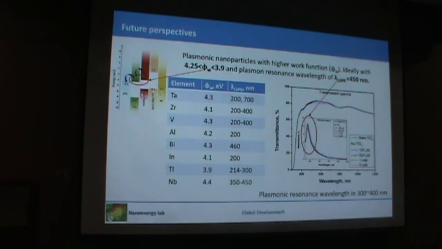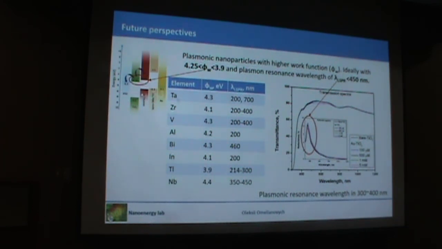And additionally, the adjustment of the wavelengths of the local surface plasmonic resonance could lead to another tremendous increase. For example, in titanium dioxide, the reflectance spectrum peaks at a little bit lower than 400 nanometers.